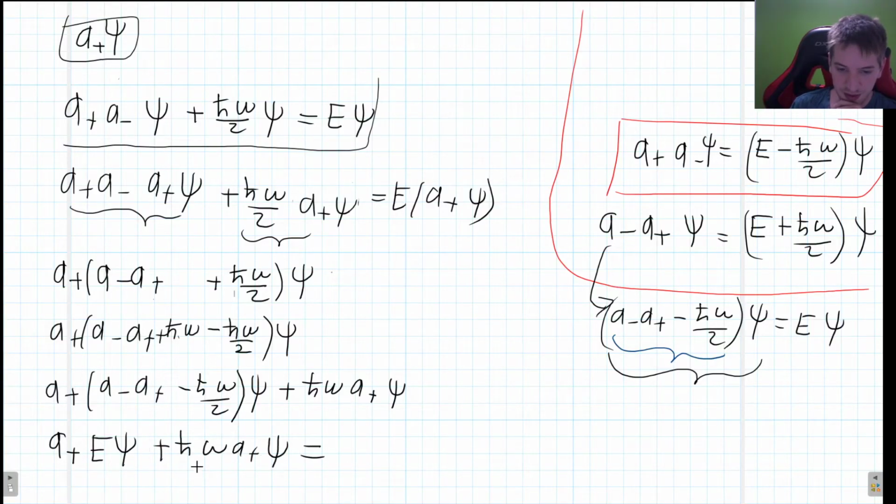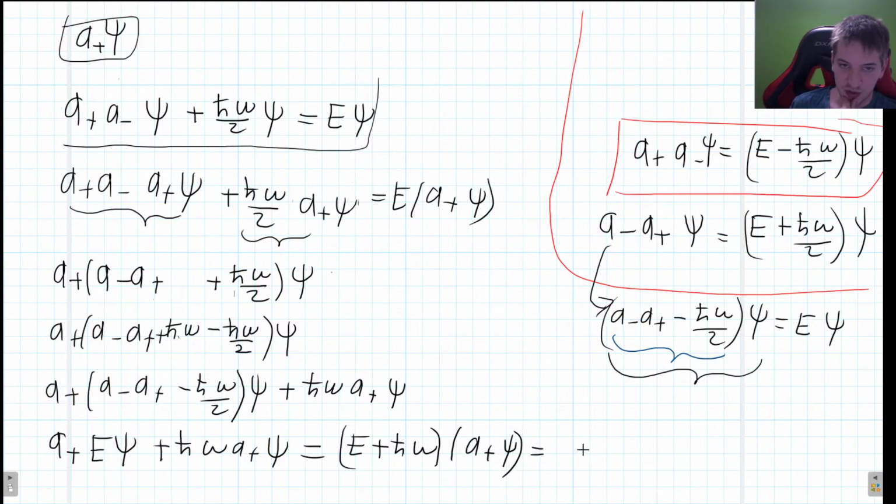and we can rearrange this because E is also just a constant. So we can now write this as E plus h bar omega times A plus psi. And remember, what we started with was just the Schrödinger equation, but instead of having this psi, we wrote it as A plus psi, because we said if psi is a solution to the Schrödinger equation, then so is this A plus psi.